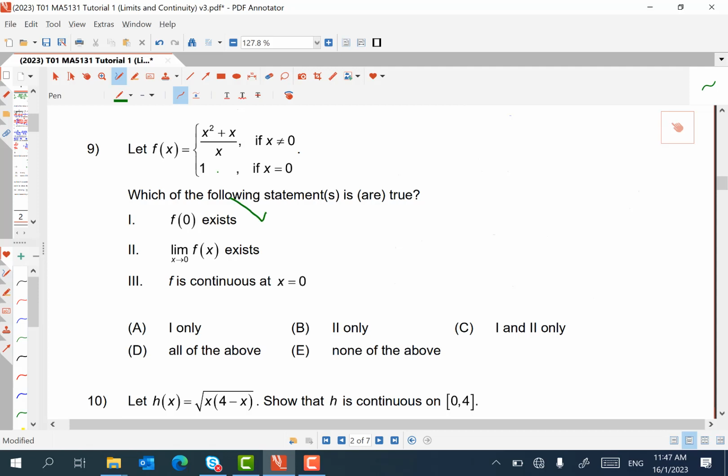Yes. Ke Yue, does this limit exist? Quiet, Ke Yue is thinking hard. What is it equal to? I know, yes, but what is it equal to?